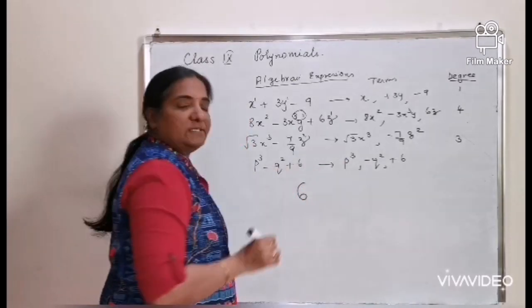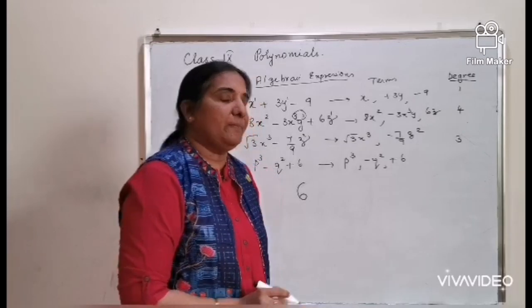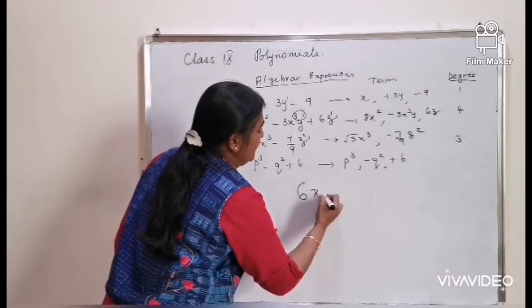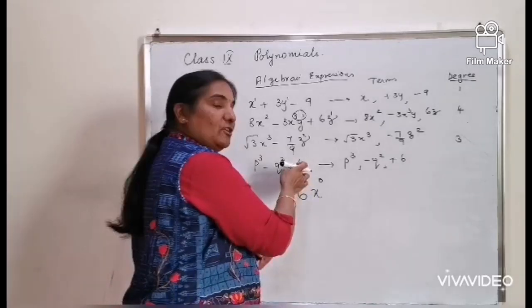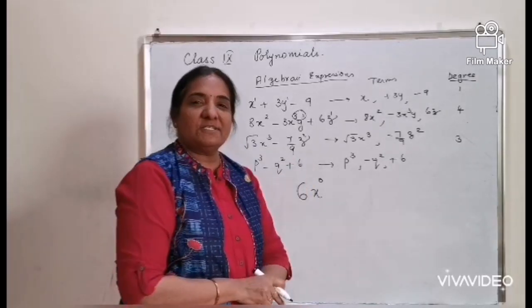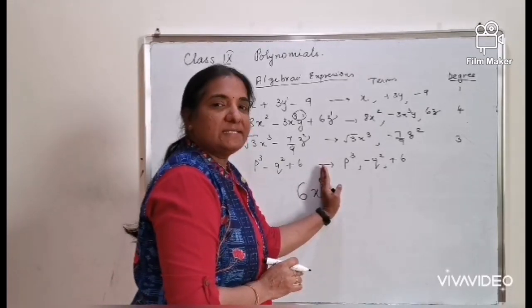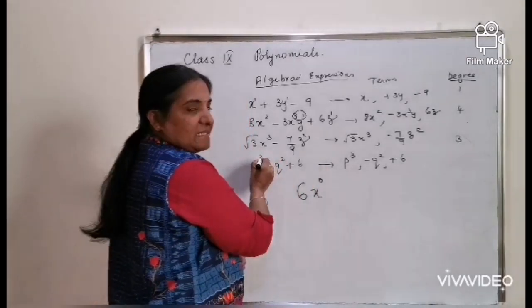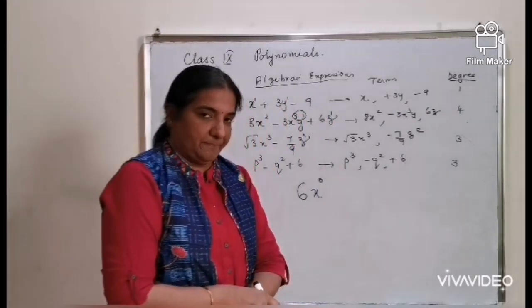If you have a constant, how can you represent it with a variable? It is any variable with the power 0. So, what is the degree of a constant? You can take it as any variable with the power 0. But the maximum power here is 3, and hence the degree is also 3.